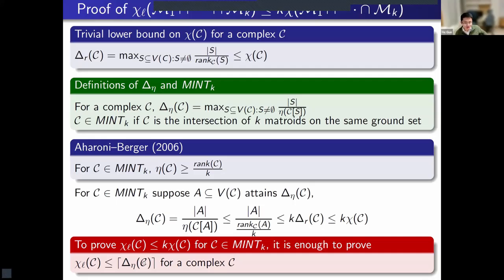So what we should prove is that if we have a list of colors for each vertex, of size exactly equal to the ceiling of delta eta, then we should be able to choose one color from the list of each vertex, such that all the vertices receiving the same color are in C. So that is our goal.